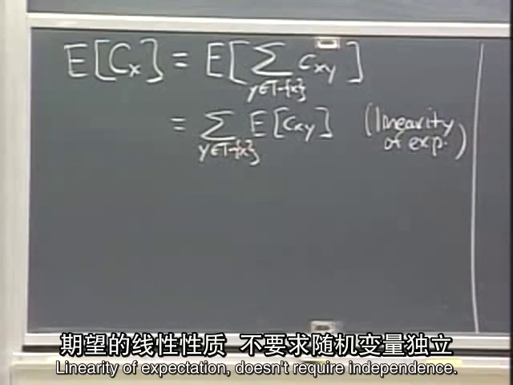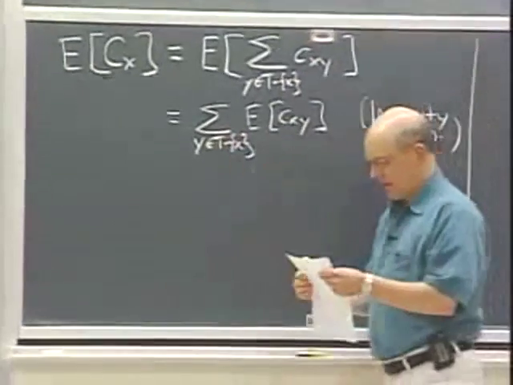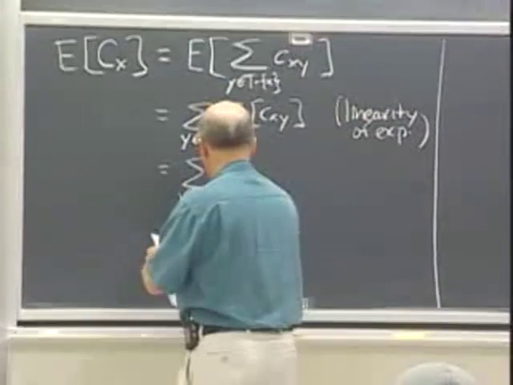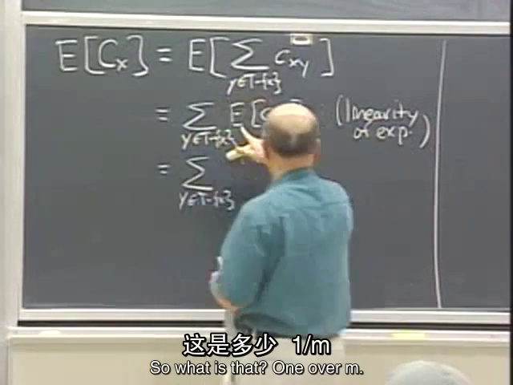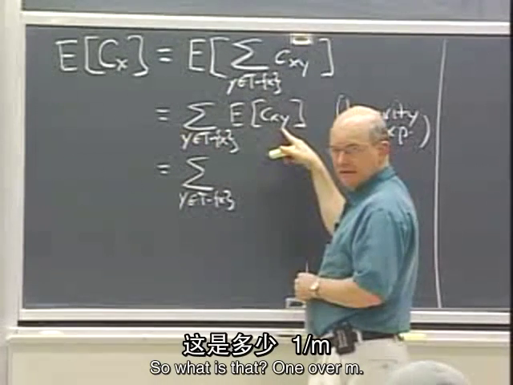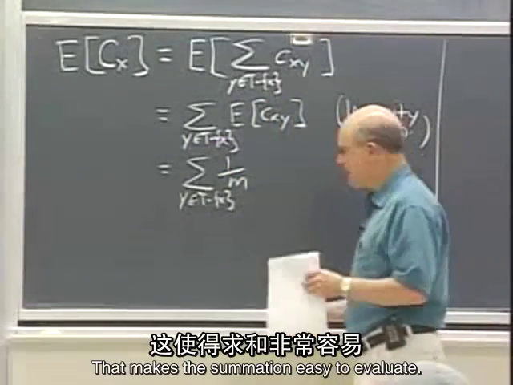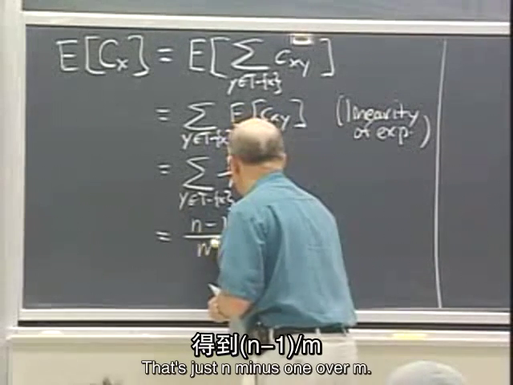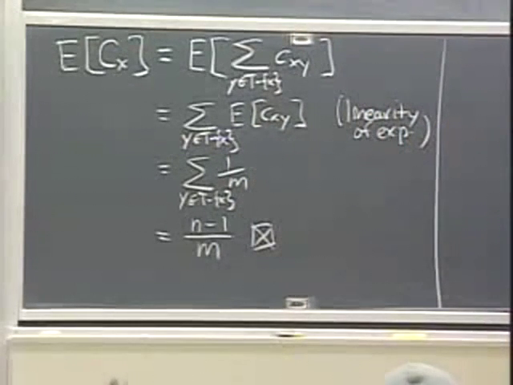Linearity of expectation. Doesn't require independence. It's true of all random variables. And that's equal to, and now the math gets easier, so what is that? 1 over m. That makes the summation easy to evaluate. That's just n minus 1 over m.